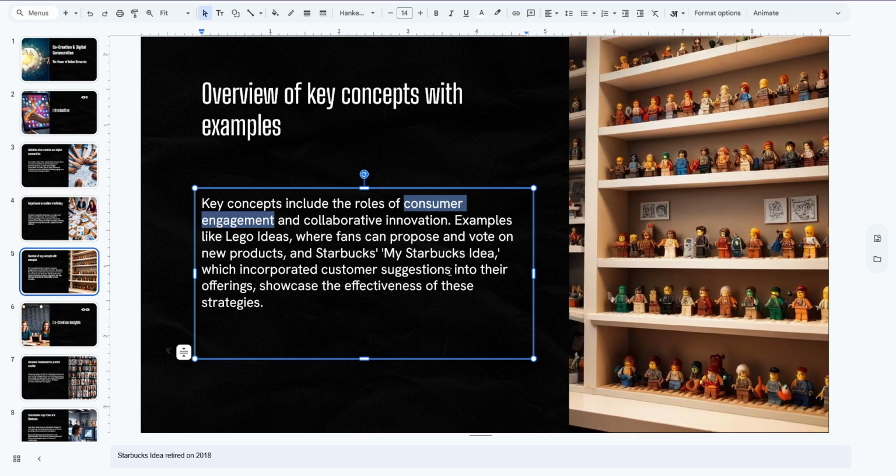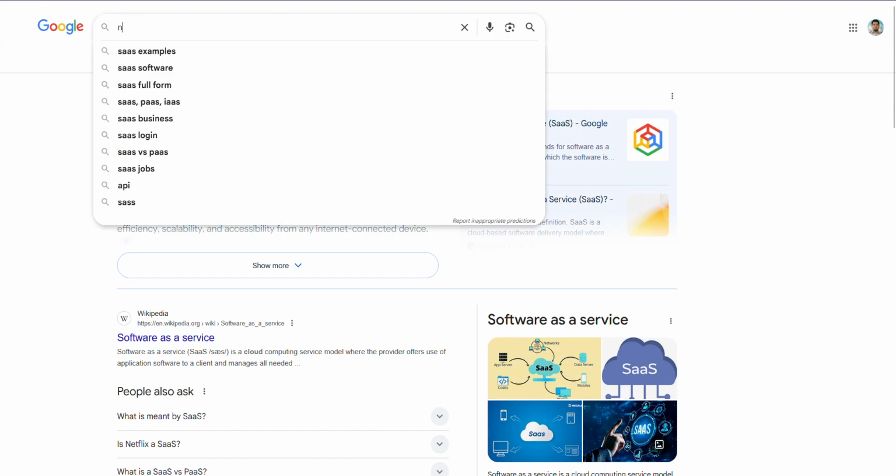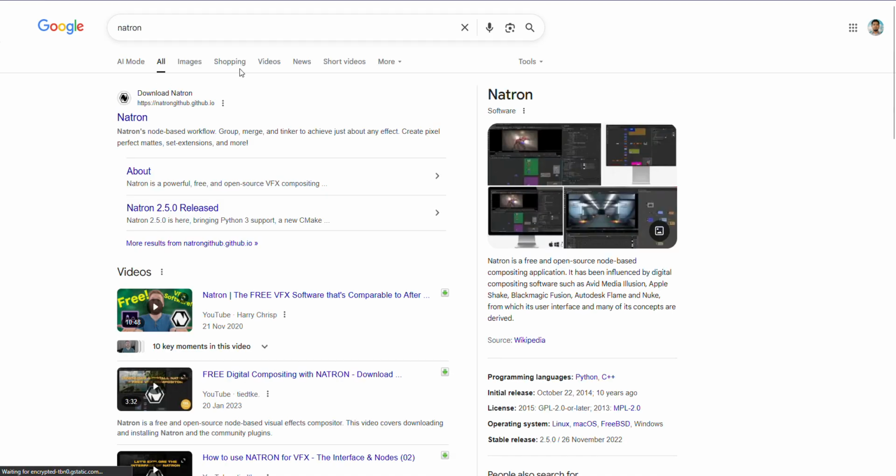So there was Natron. Natron is basically a VFX software which is free and open source.